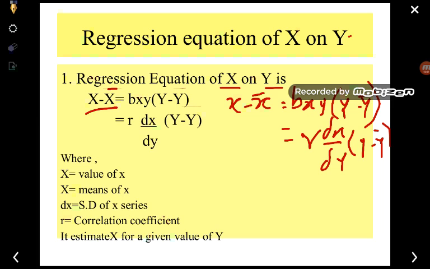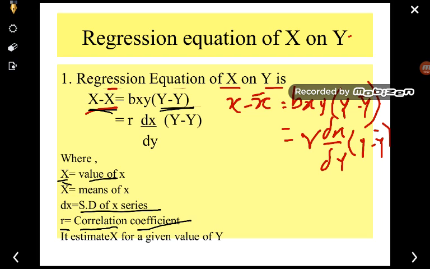Always remember that if it is written x on y, we have to consider the x variable here and the y variable here. What is x? X is the value of the x variable. What is x bar? X bar is the mean of x. What is sigma x? It is the standard deviation of the x series. And r is the correlation coefficient.